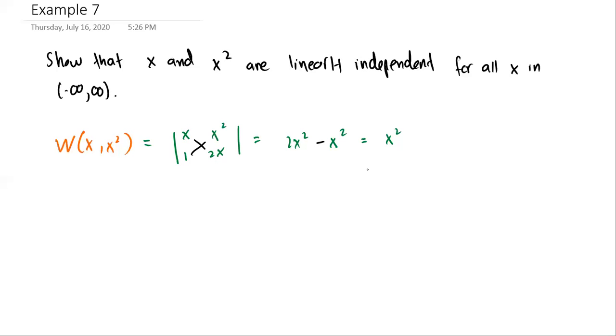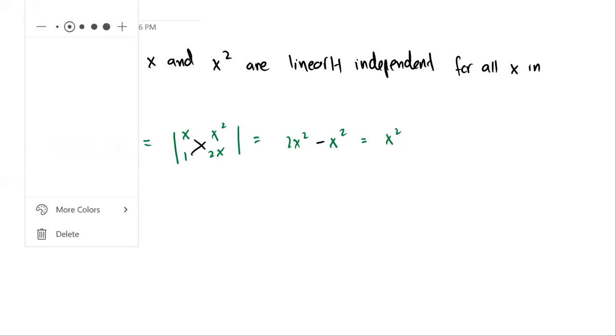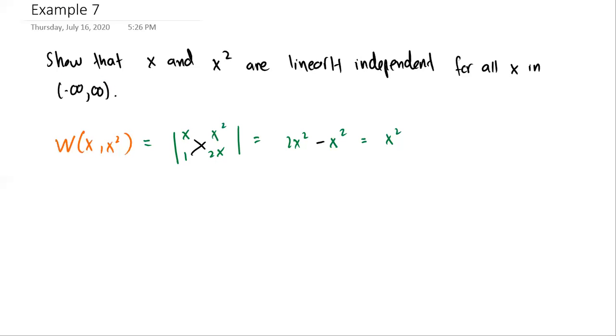However, remember by the past theorem, how do we find on what intervals these functions are linearly independent? Well, we set the Wronskian equal to 0, right? And we find the largest interval on which this Wronskian is not equal to 0.